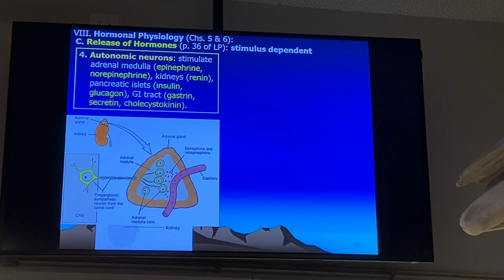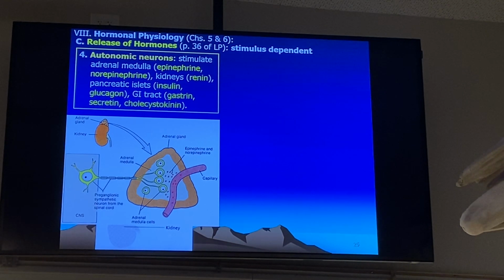The adrenal medulla are modified post-ganglionic sympathetic neurons. The green ones are sympathetic. Let me say it again.